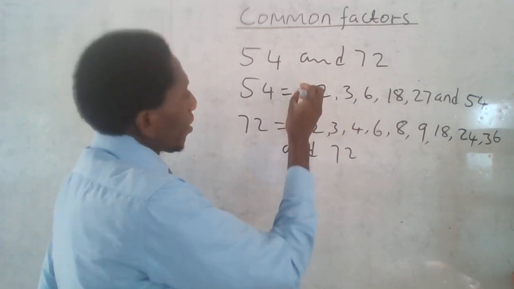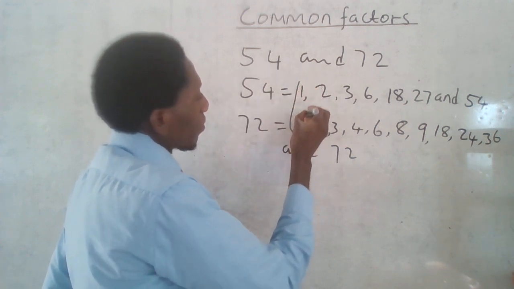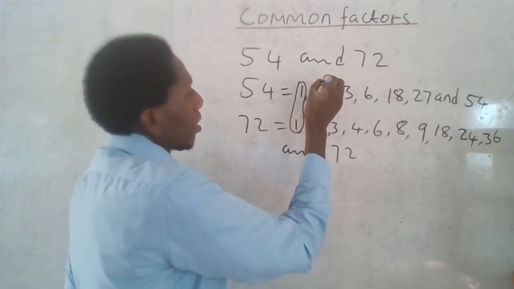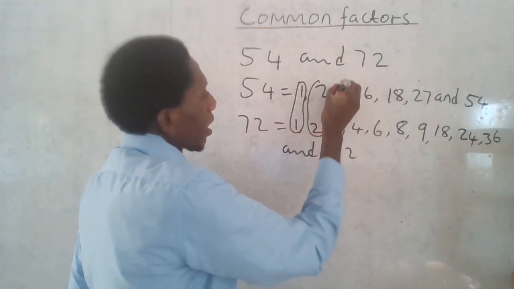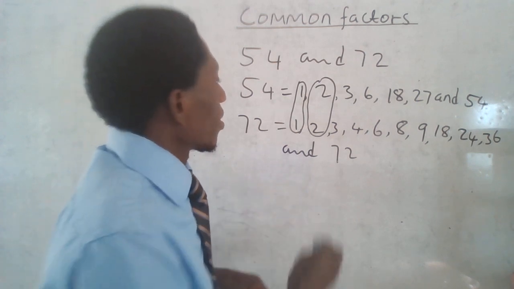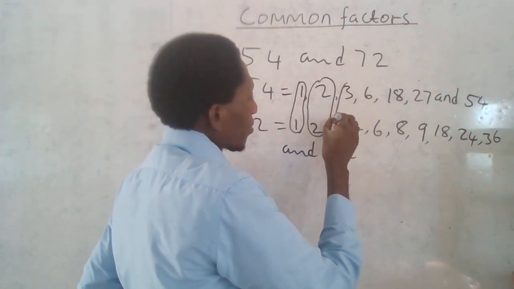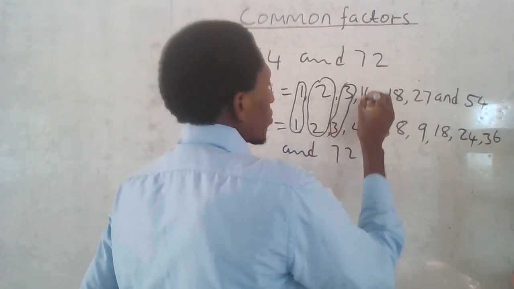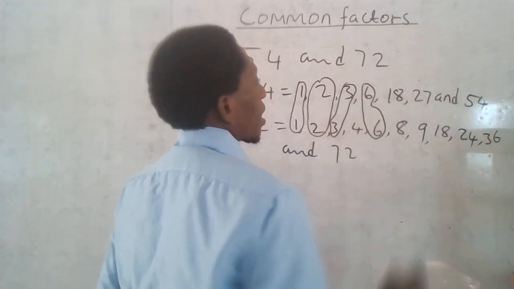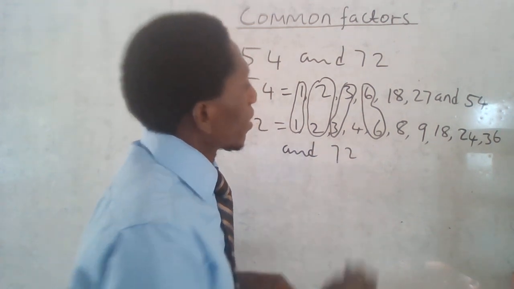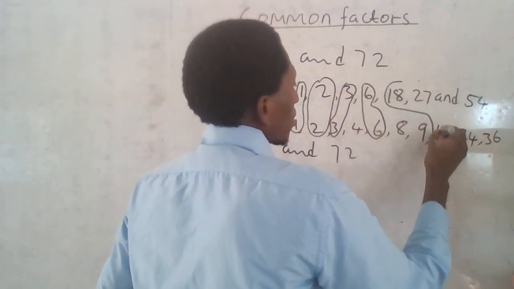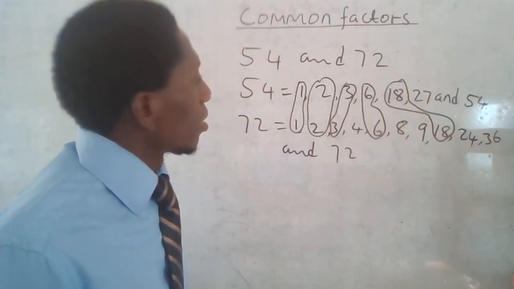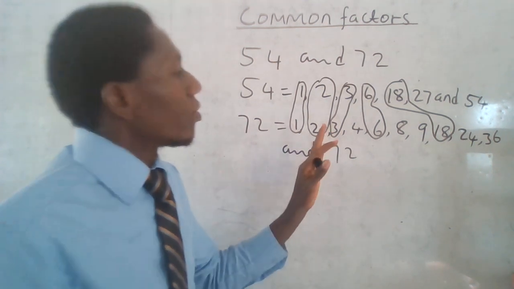For example, here we can see that 1 can go into all of these numbers, and 2 can also go into all of them, and 3 can go, and then of course we have 6 here, and 6 can go into all of them, and then we have 18, and I think that's all.